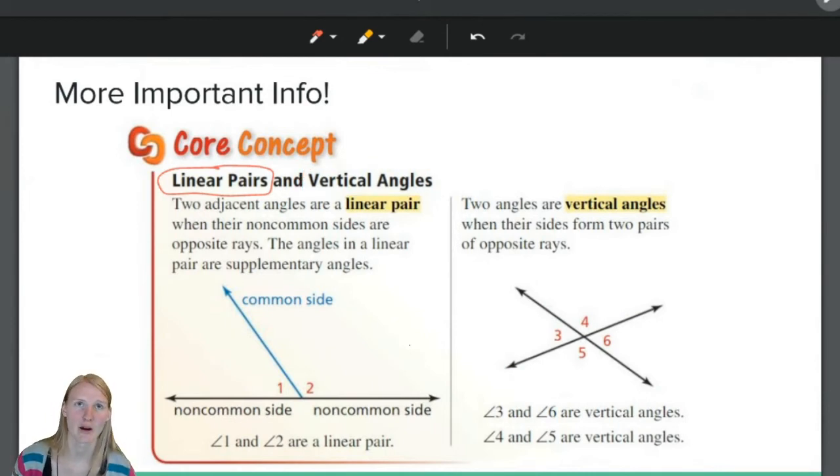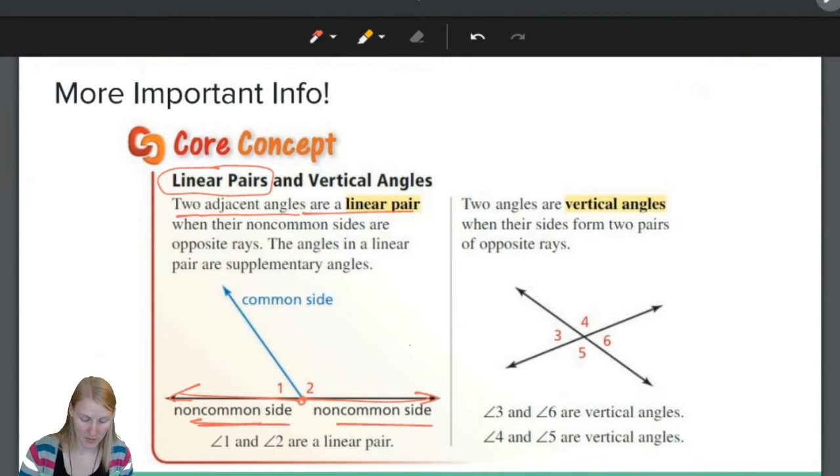A linear pair: two adjacent angles are a linear pair when their non-common sides are opposite rays. And the angles in a linear pair will always be supplementary angles. So, let's break this down. When their non-common sides are opposite rays, what does that mean? Well, notice here, these are their non-common sides, and they are opposite rays.